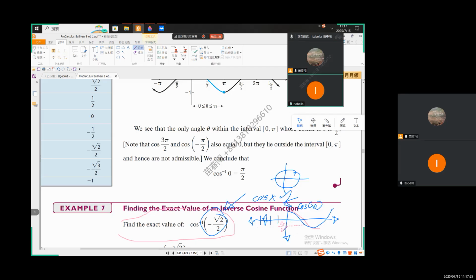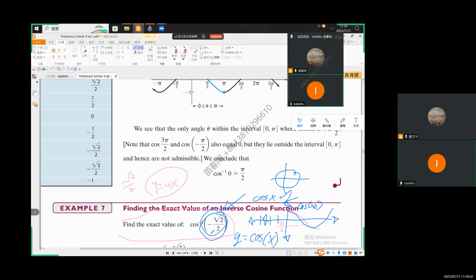I thought it would be y equals cosine x. Sure, that too. So this is y equals cosine x when y is negative square root 2 over 2. Does that make sense? And I find x, which is the same thing as this one. That's why it's called the inverse function. We're using the original function to think about it. Does that make sense?